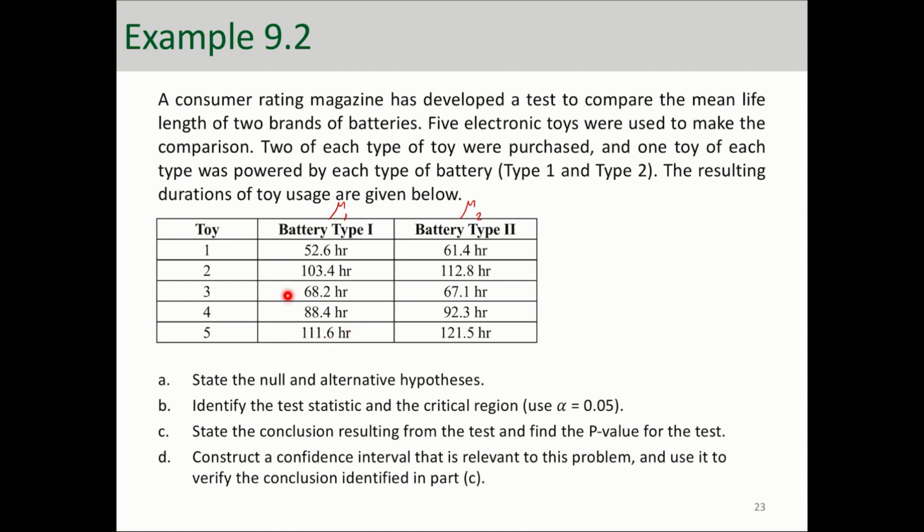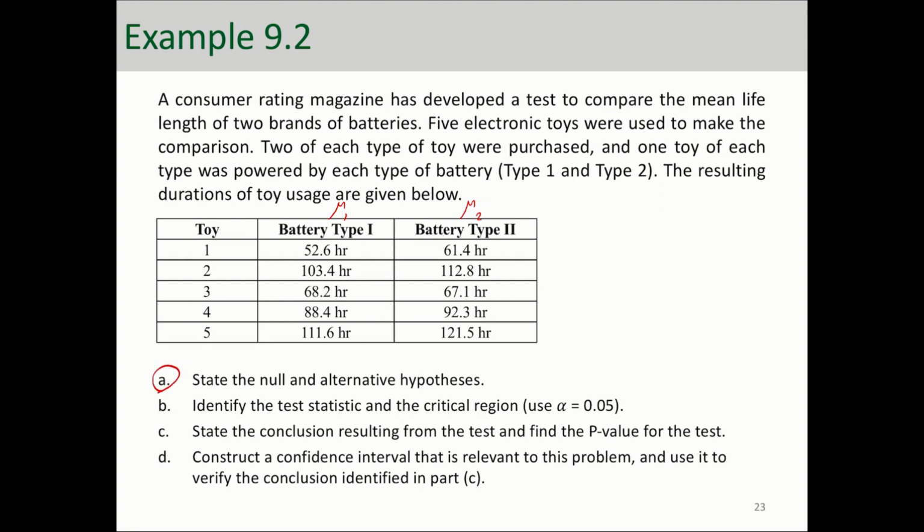The data collected for each type of battery are based on the same 5 different toys. So that makes it paired data because the subjects that we collected data from are the same subjects. They're the same 5 toys, and we are comparing battery type 1 and 2. So the type of test that we're going to use here is going to be paired t-test.